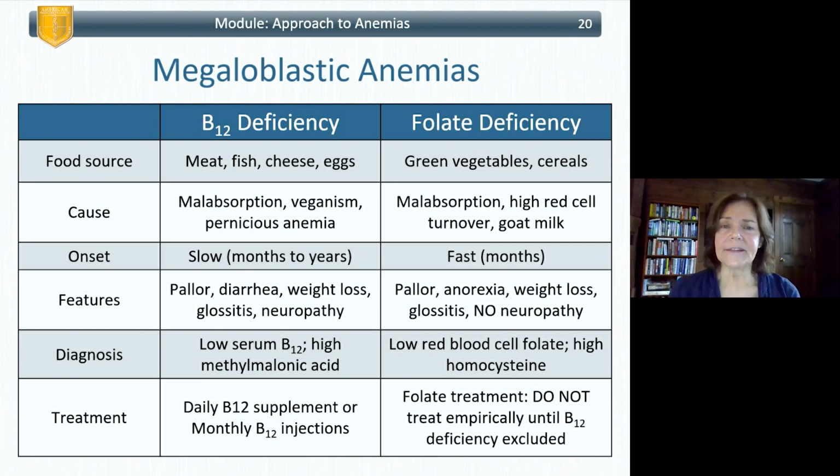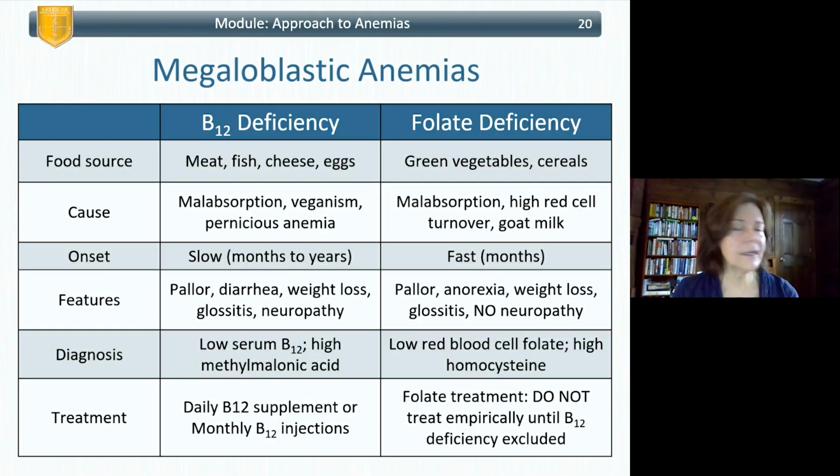This is a slide to differentiate between B12 and folate deficiency. As you know, B12 is found in meats, chicken, fish, eggs, and cheese, and folate is found in green vegetables and cereals. B12 and folate deficiency are typically due to malabsorption.